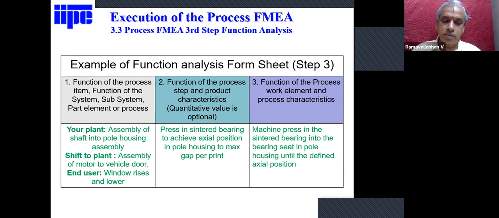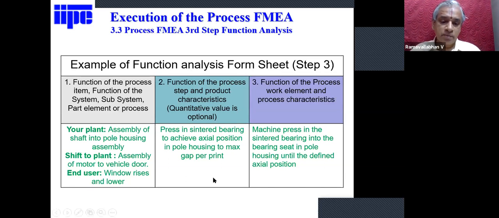For him, it is assembly of motor into the vehicle door. Then what is the end user going to do? Window raising and lowering. So you need to imagine who the end user is, and perceive his comfort. Based on that only you have to work on the process.